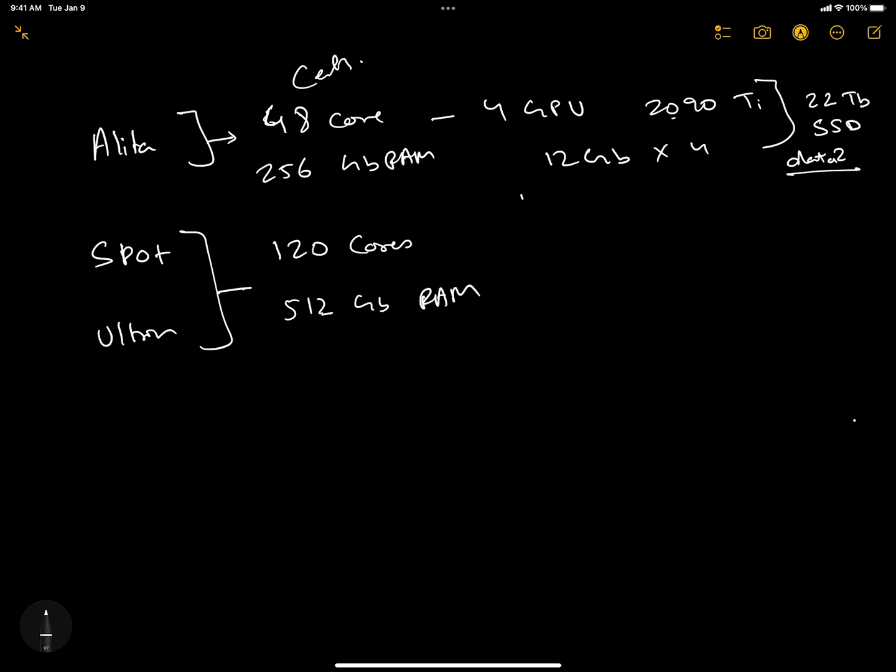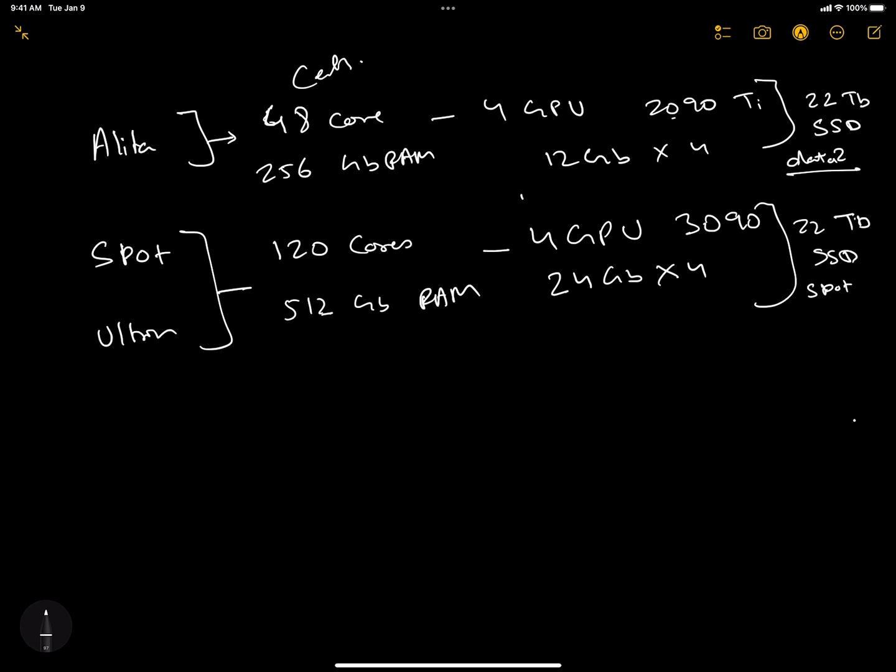And then we have 4 GPUs on each of these workstations, Spot and Ultron, I think 1390s, which is 24 GB times 4 on each workstation. And again we have 22 terabytes of SSD storage, and each one is called Spot and Ultron, so this is for accessing it using a terminal.